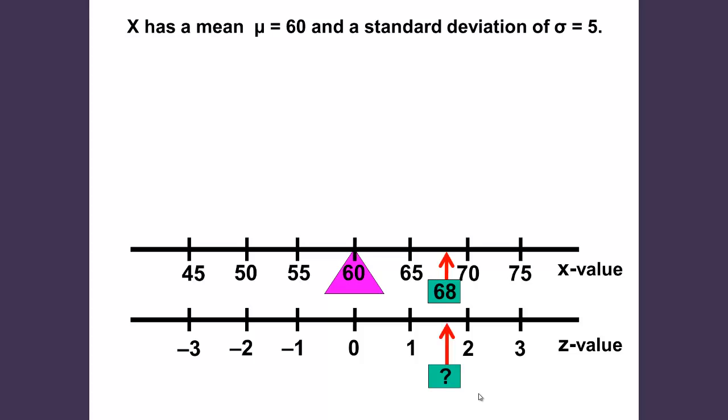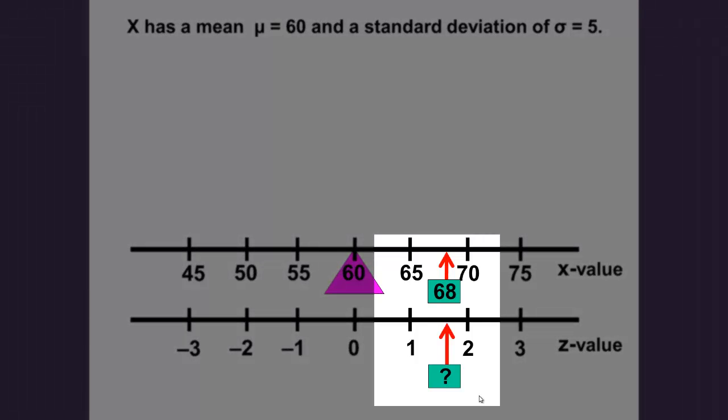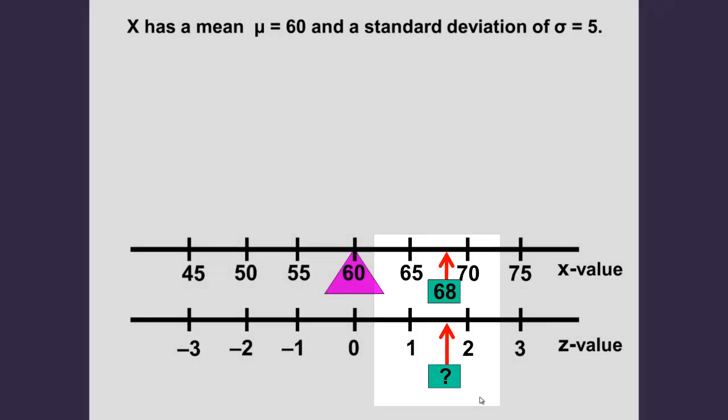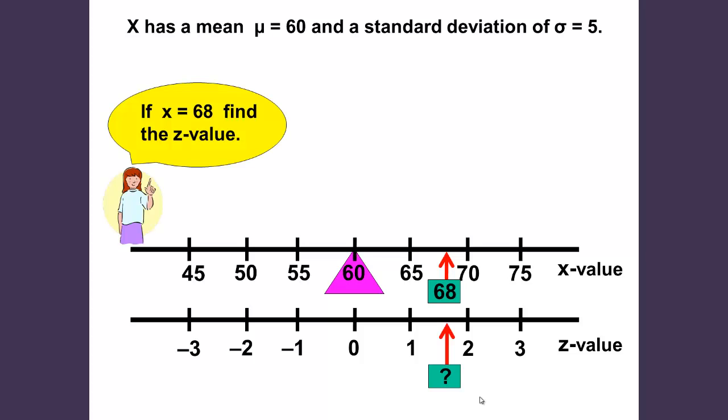For example, what if we wanted to know the corresponding z-score for 68? We see that it falls between 65 and 70 and would fall between the corresponding z-scores for those values of 1 and 2 respectively. So what would the corresponding z-score for 68 be?